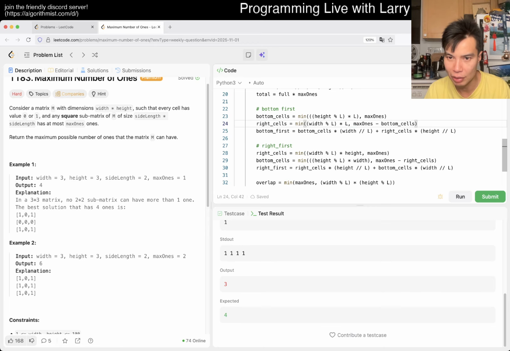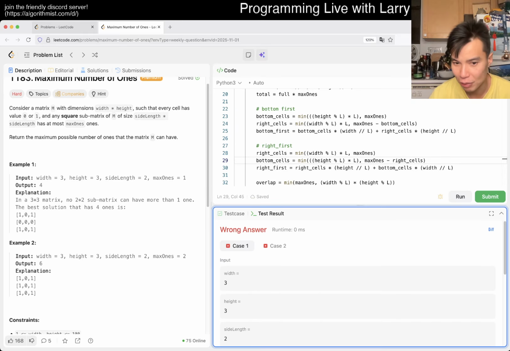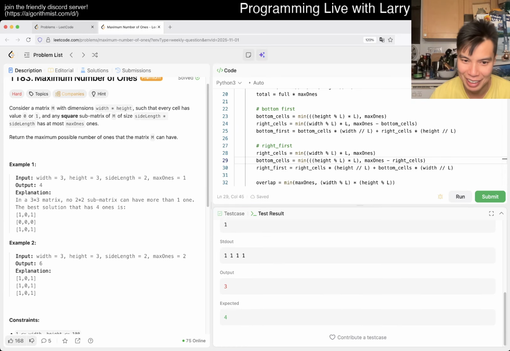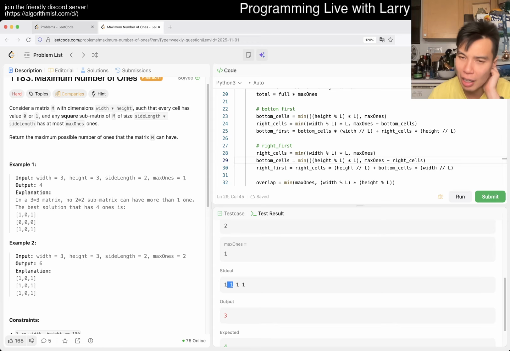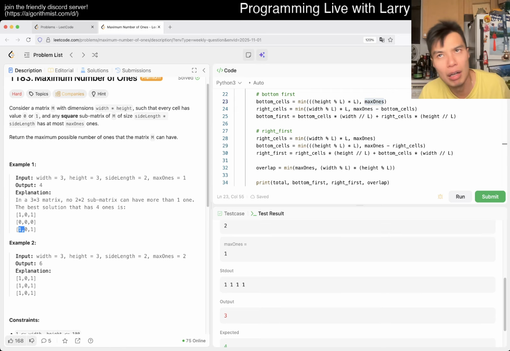So I think this is more accurate. Still wrong though, and it's still giving me 1 here. All right, well, let's take a look. So this is going to give me 1 times 1, which is fine, and then min of 1. Oh, so then it's going to be 1. Huh.